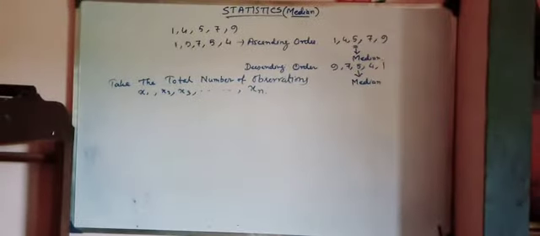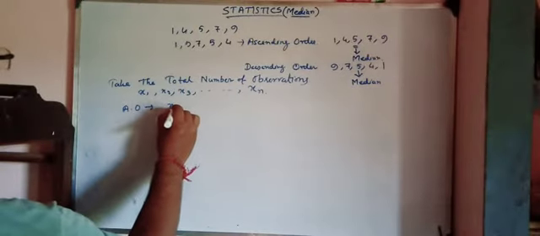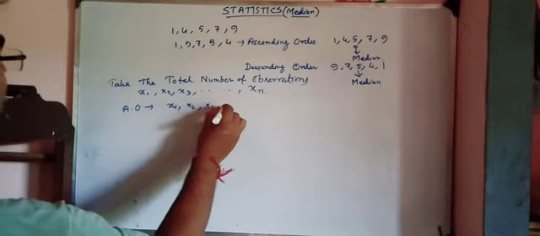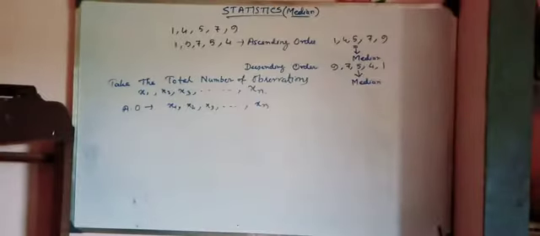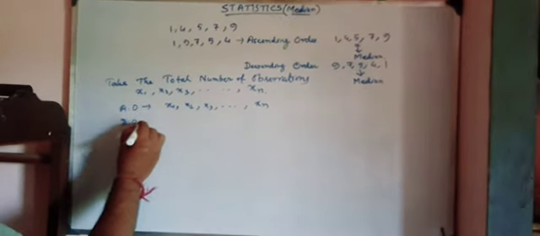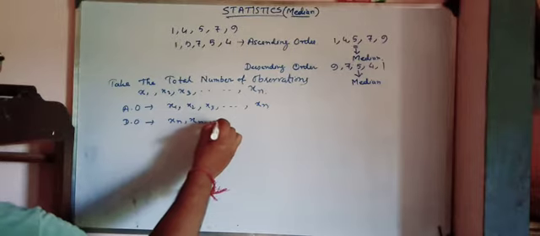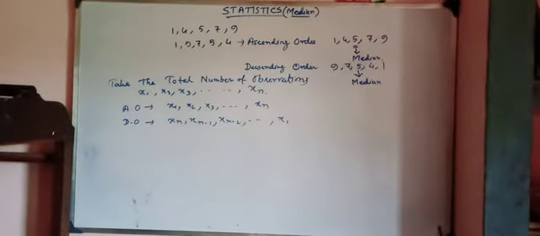So let its ascending order be x1, x2, x3, ..., xn, and descending order be xn, xn minus 1, xn minus 2, ..., x1.